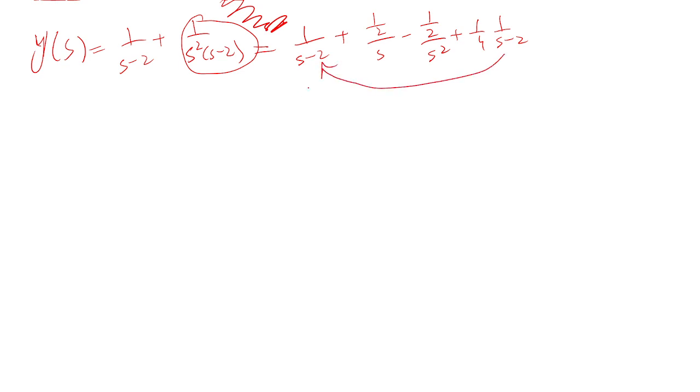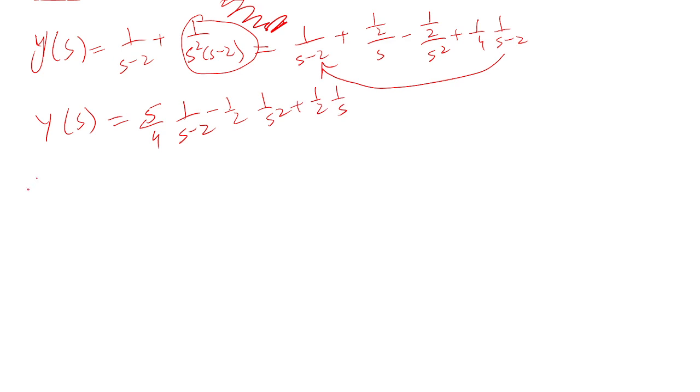These two are like terms, so we will add them. So Y of s, when we add these two terms, we get 5 by 4, 1 over s minus 2, and I am writing the square term first, that is minus 1 by 2, 1 over s square, and this term last, that is 1 by 2, 1 over s.